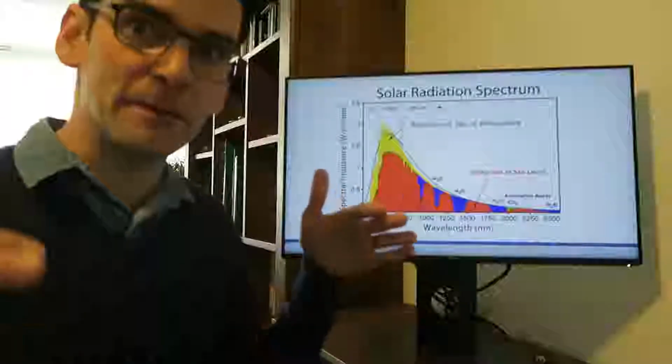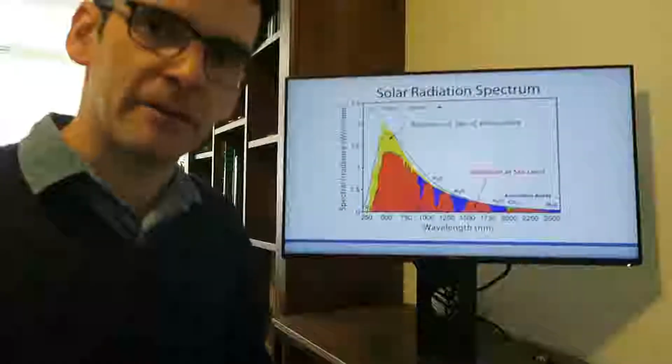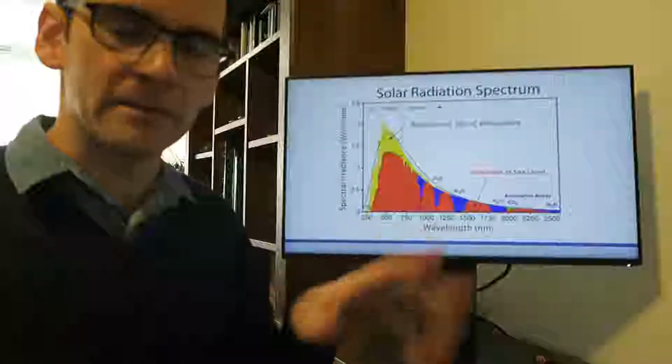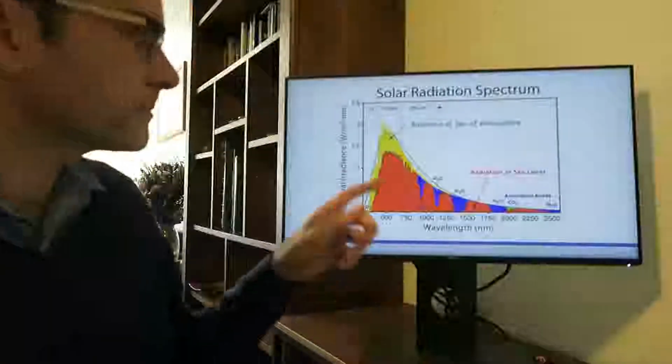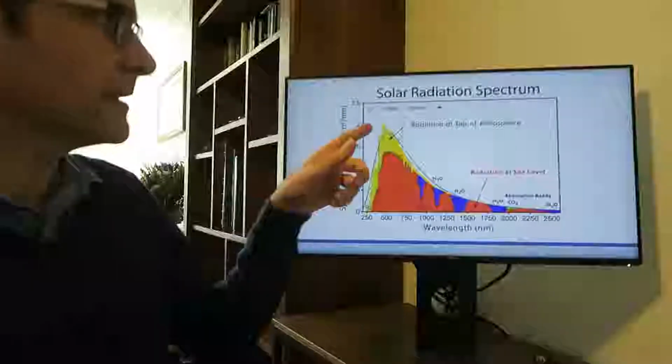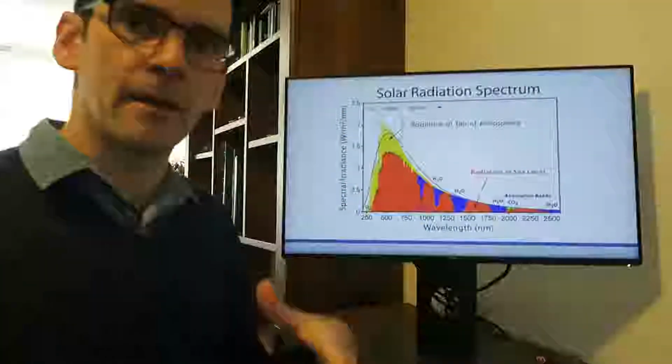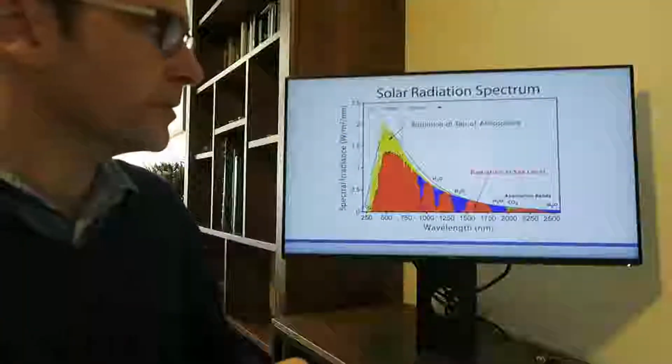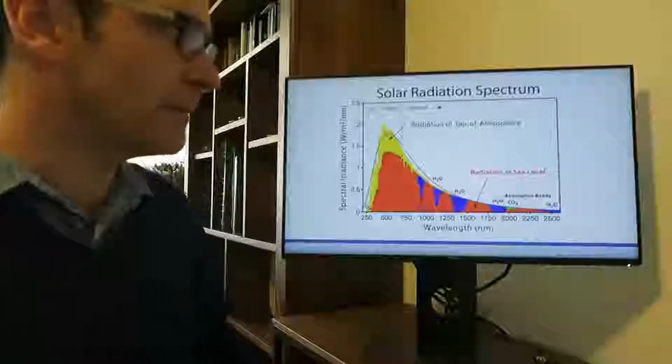Okay, that is before it's been filtered through the atmosphere, sorted and bounced and reflected and that sort of thing. So you can see that the majority of it exists within the visible light spectrum. That's the most abundant type of light that's hitting the outer atmosphere.